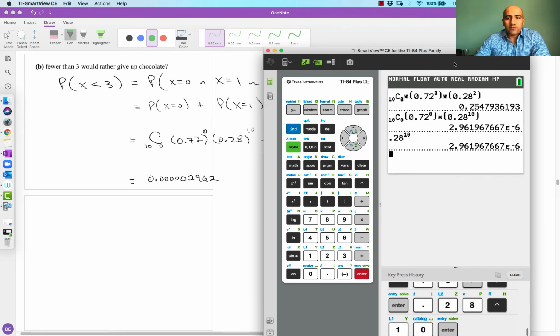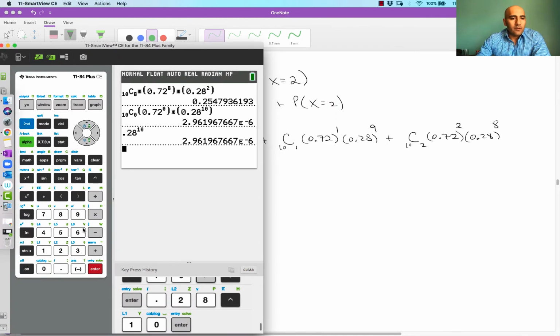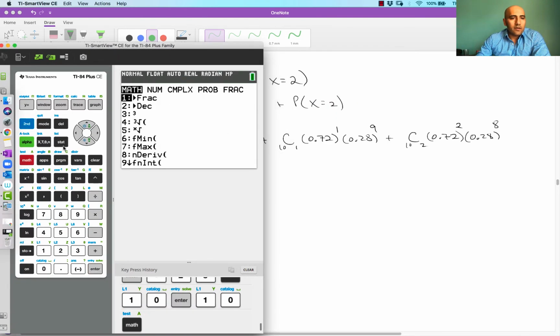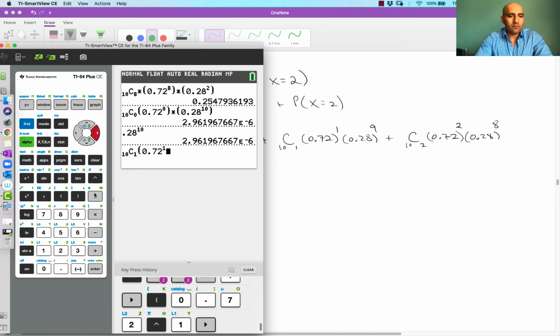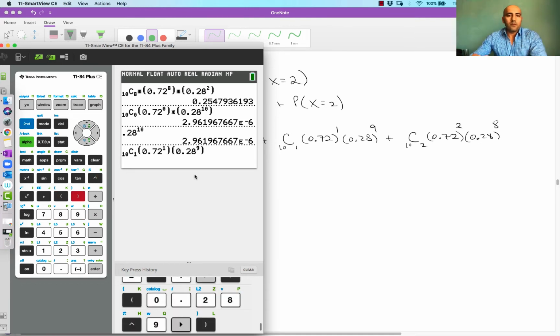Okay, so then the next one, over here maybe, 10 combinations of 1. Okay, combinations of 10 choose 1 times 0.72 to the power of 1 times 0.28 to the power of 9.